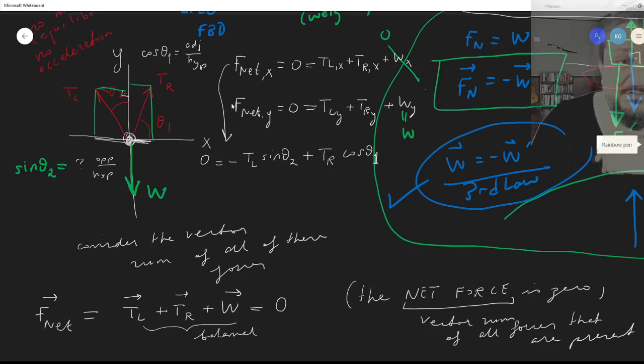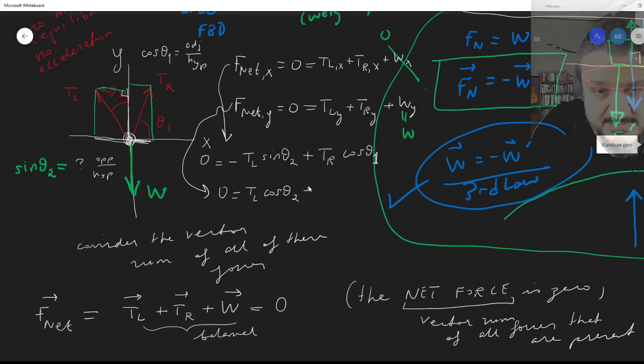So do this for the y equation. 0 equals, now both TR and TL have positive y components. So using the same logic, TL cosine theta 2, this time cosine because I'm after this line here, this component, plus, and a positive, TR sine theta 1.